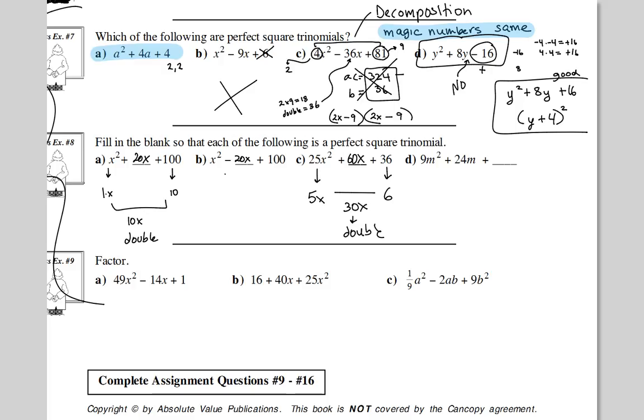Oh, this one's weird. We almost have to work backwards on this one. So we know the 9 will make you a 3m. And then instead of doubling, well, let's work backwards. So we cut in half. You get 12m. So how are you going to multiply something by 3 to get 12? So it has to be 4.